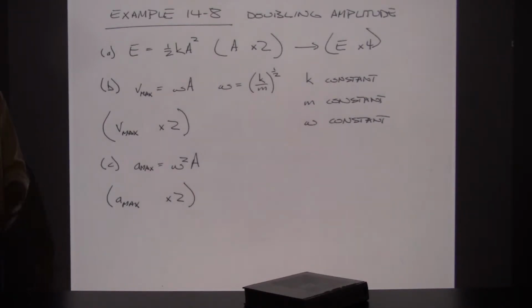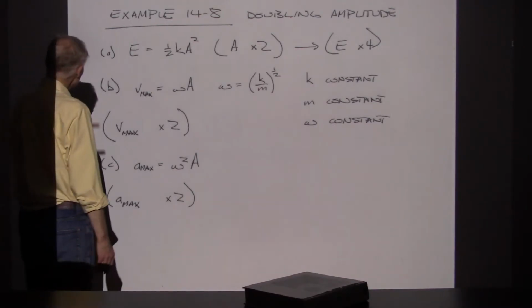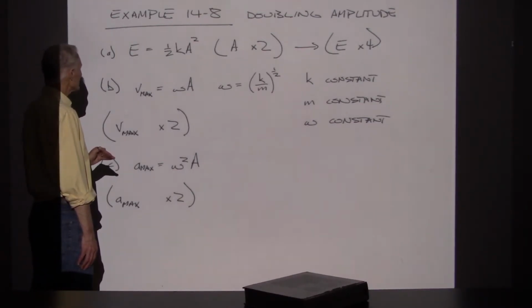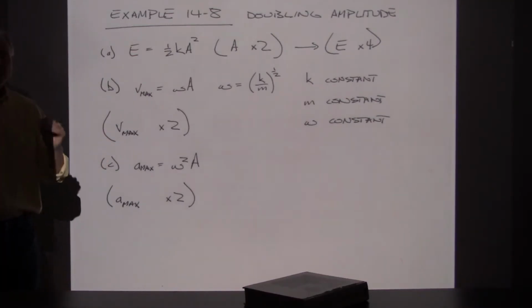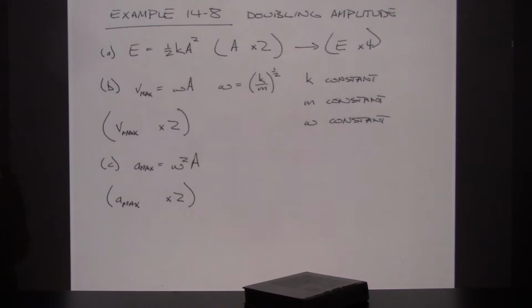So the periods end up taking the same amount of time. The velocities double, the accelerations double at each location in the cycle. Is that a good way to say it? In terms of time, at each instant in the cycle, not position, everything goes twice as fast, the accelerations are twice as large. 4 times the energy.